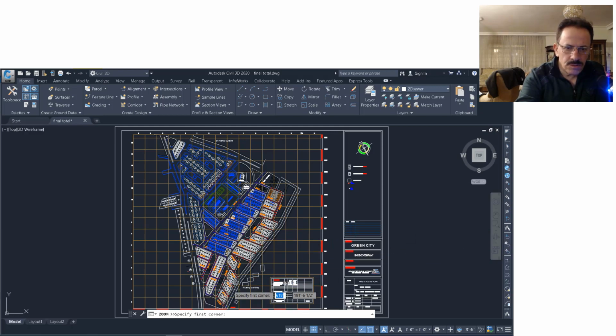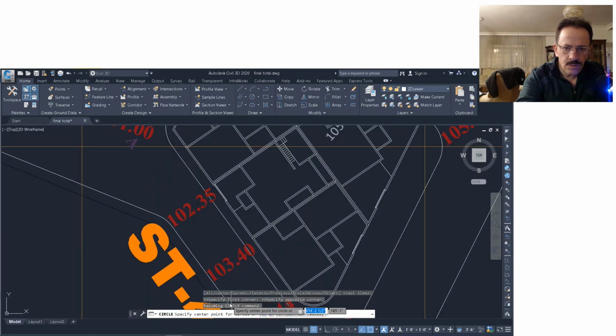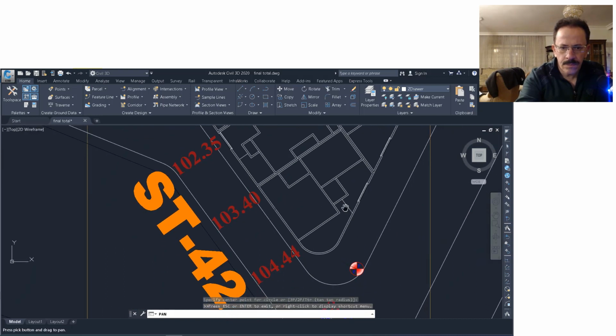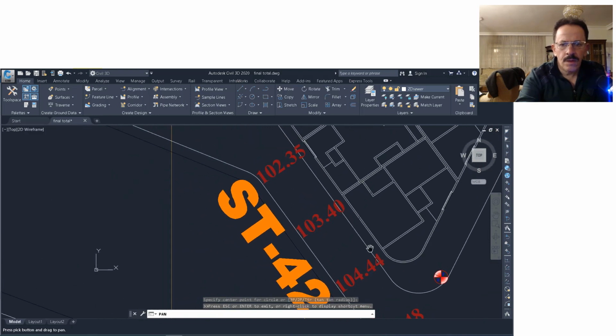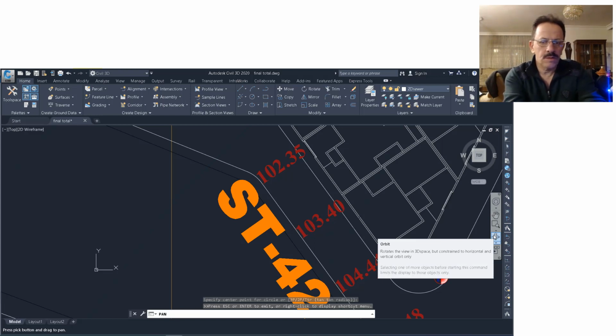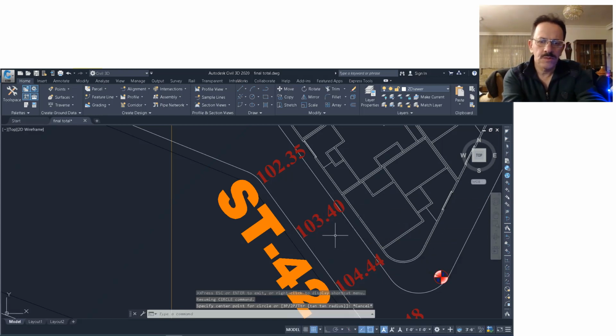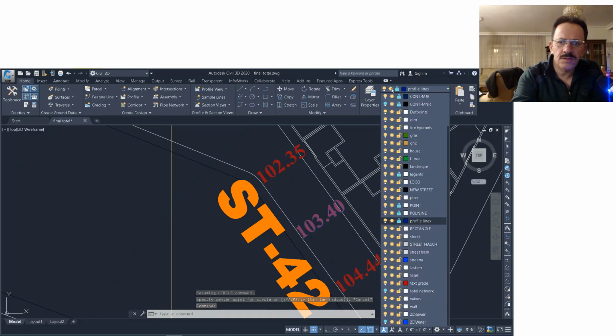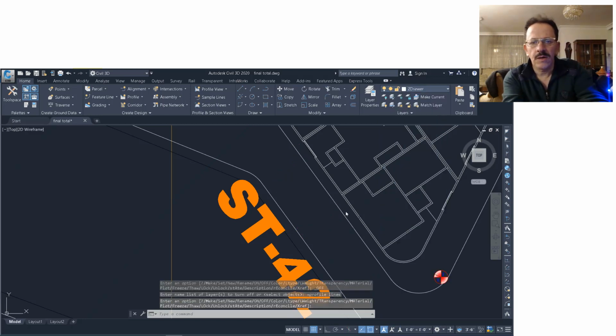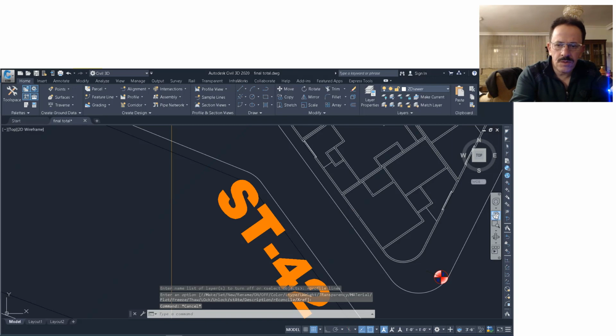It's best to use zoom window. And if you want, first just hide this layer, this is the profile line, I will just hide this profile line there. Okay, now to start the work.